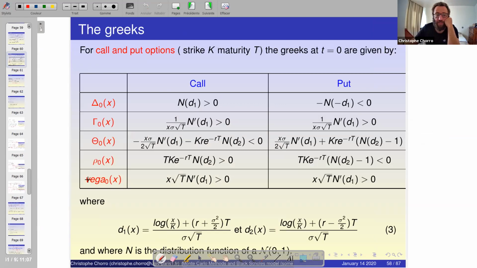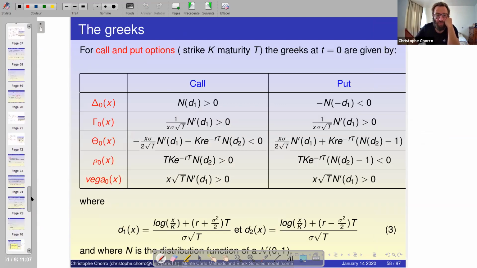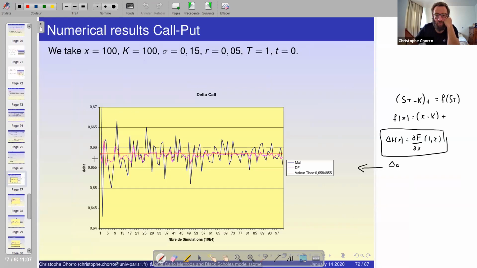So I can compute it explicitly, and you obtain what I call the theoretical value, from the tables of Greeks in Black-Scholes. You don't need approximations, because you have a closed form expression.